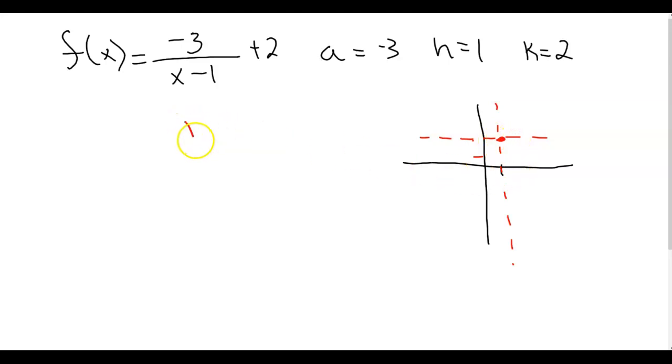So we have our vertical asymptote, or VA, is equal to x equaling 1. And our horizontal asymptote, that's where our y is, that's k, it's going to be 2, so y is equal to 2. Okay, so now I'll almost treat it just like this is the new axis.